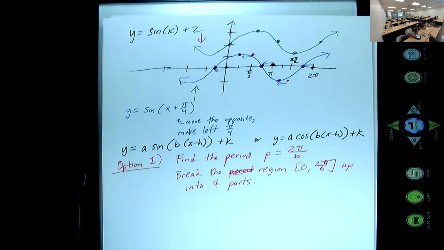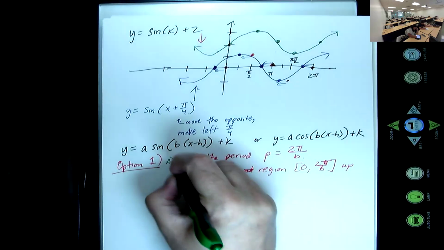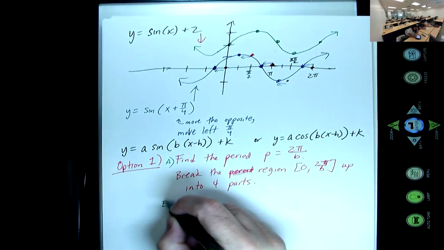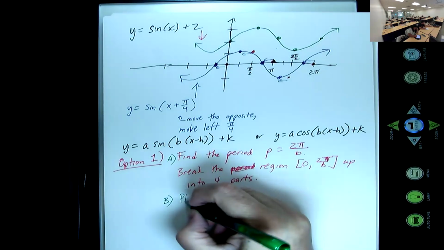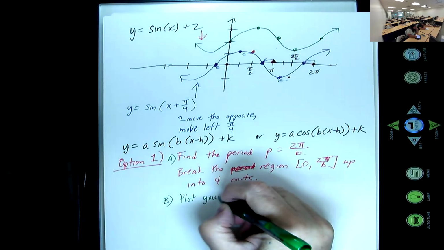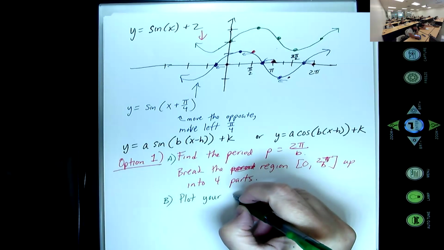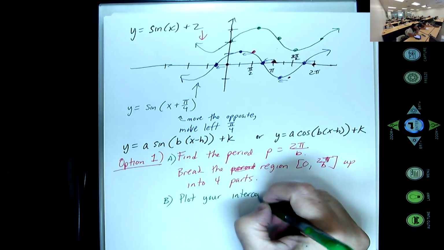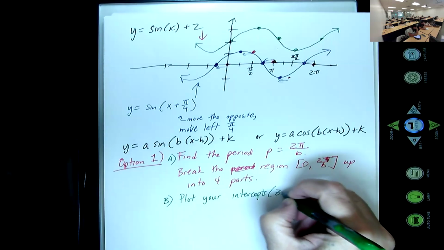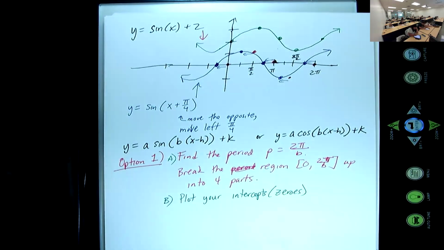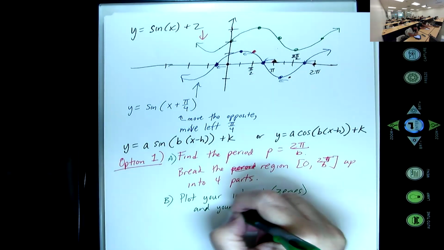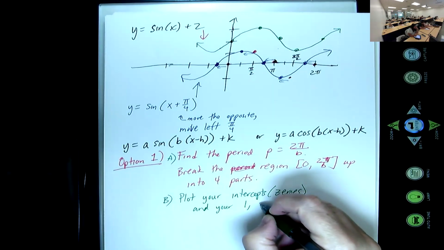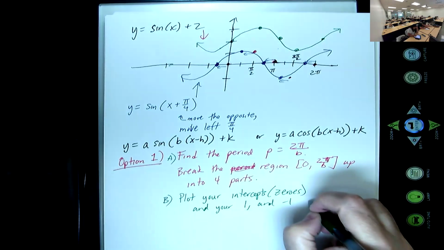So that's kind of like part 1 or A, all of A. B, plot your zeros, your intercepts, and your 1 and -1, but multiplied by A.